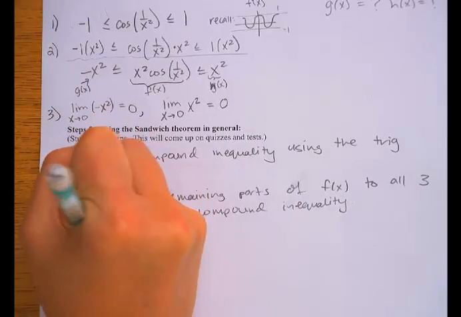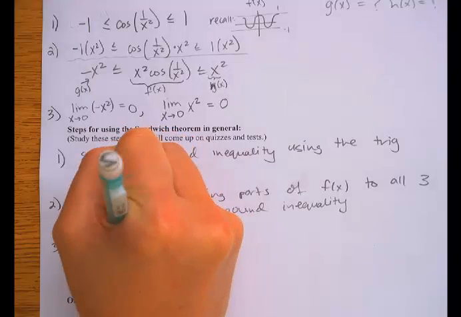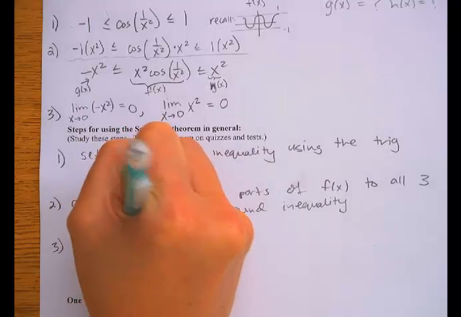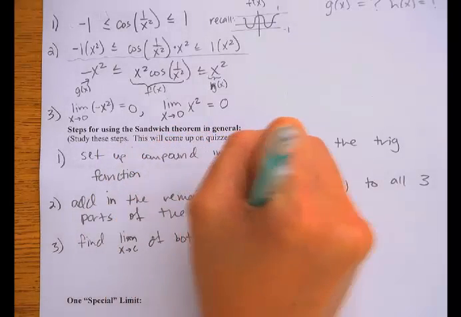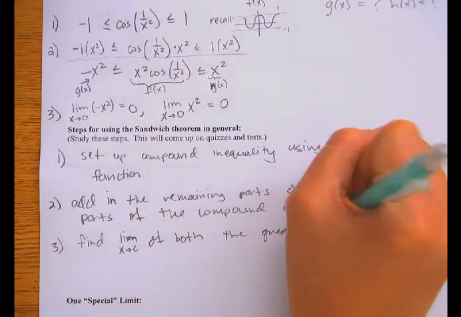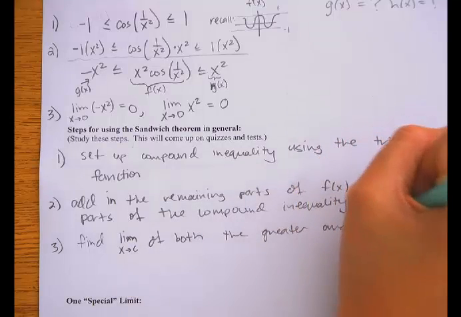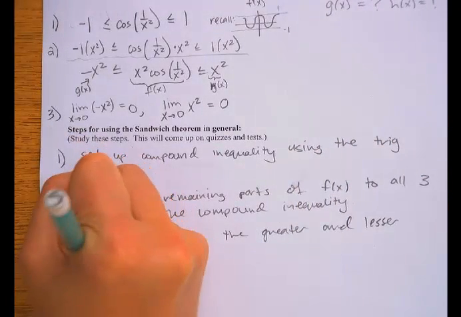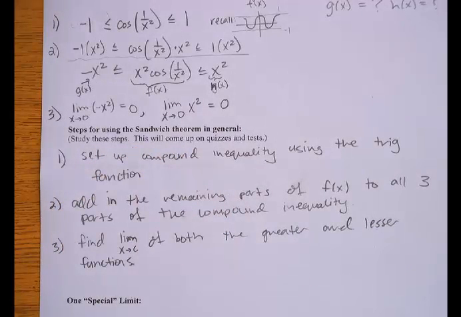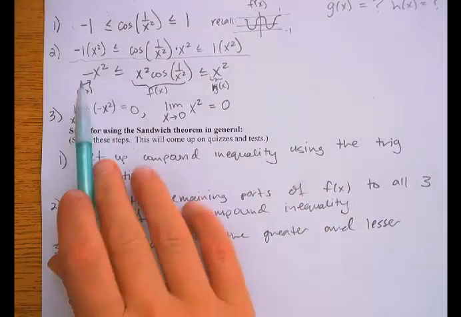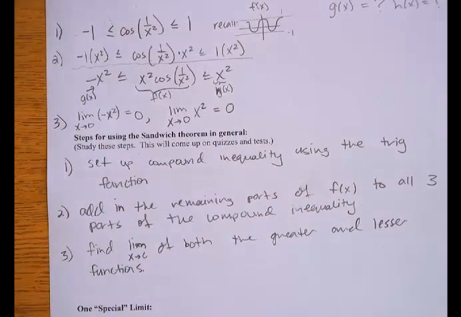So step 3 is to find the limit as x approaches c of both the greater and lesser functions. The one that was on the far right and the one on the far left. Now those functions will be simpler.